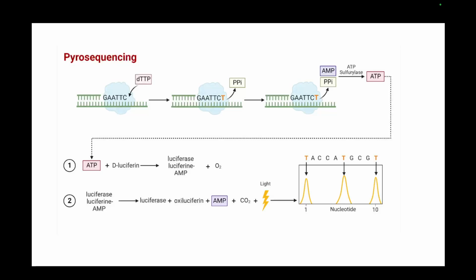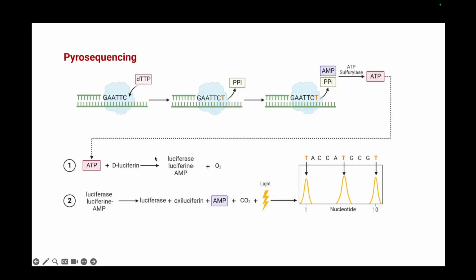As you know, AMP with phosphate gives you ATP. Now this ATP will react with the substrate present inside the well, D-luciferin, and with luciferase it makes a luciferyl-AMP complex and releases PPi.